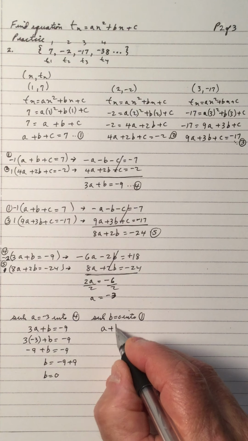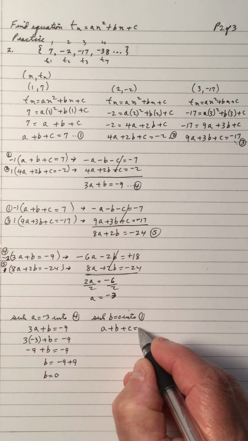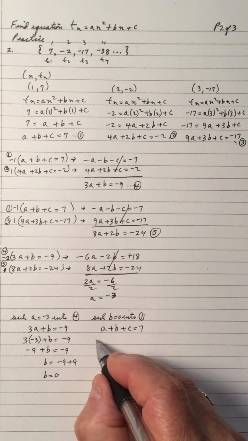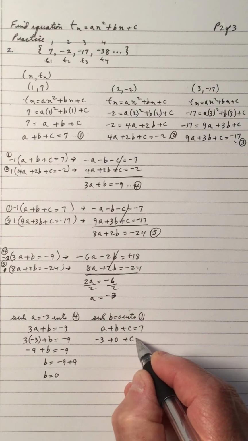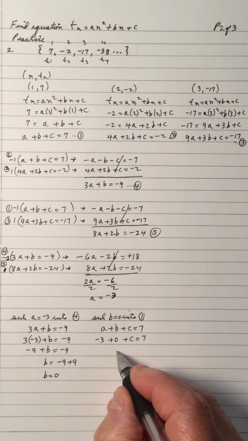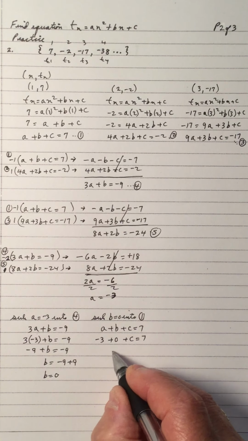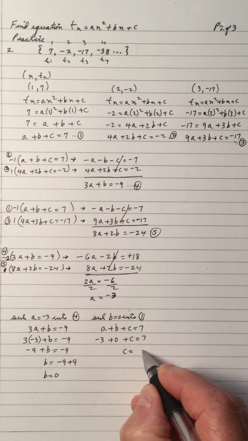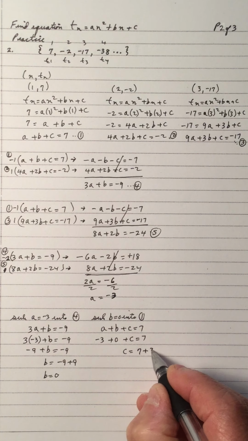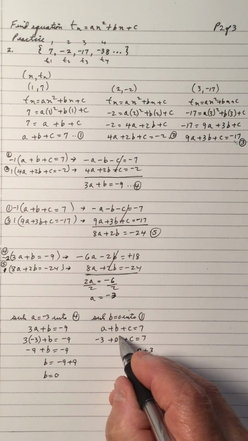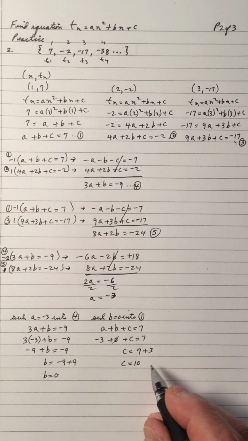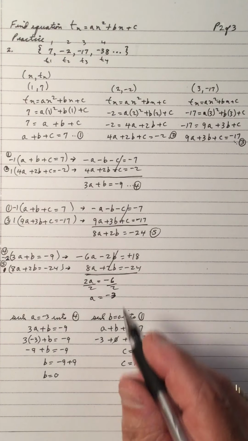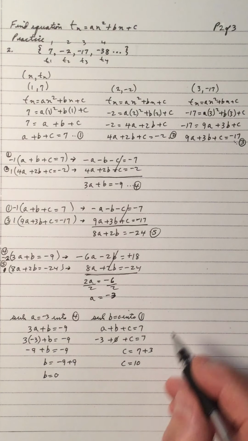So A plus B plus C equals 7. A is -3, B is 0, so C is the only unknown. So C equals 7 plus 3. We just ignore the 0. So C equals 10.